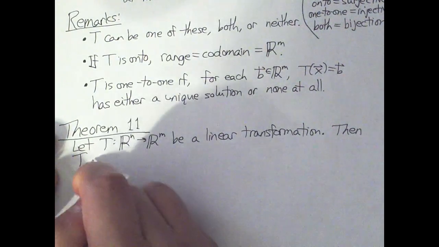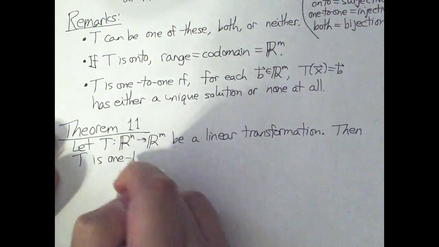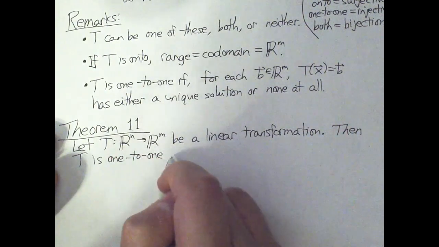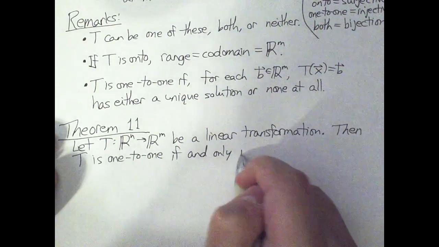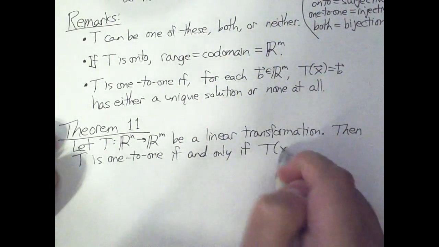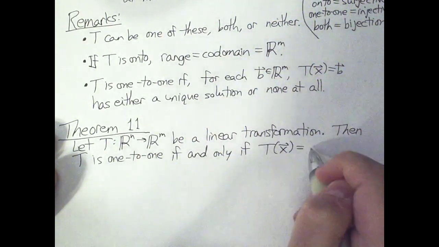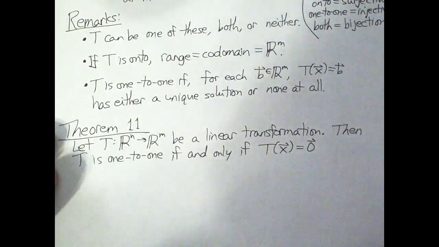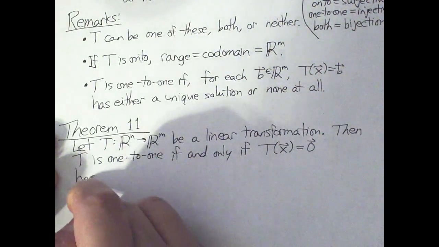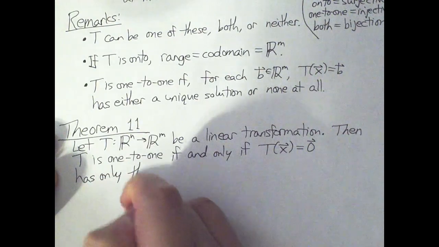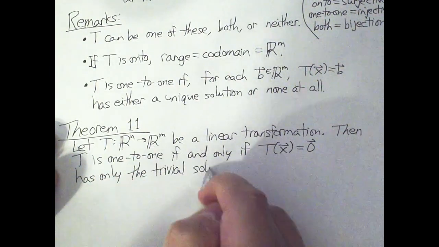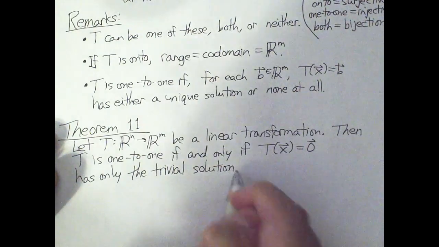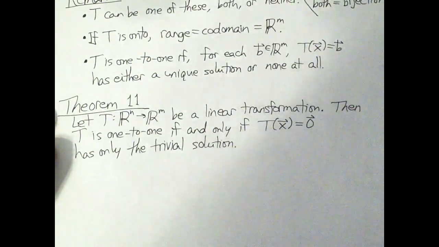Then T is one-to-one if and only if T of x equals the 0 vector has only the trivial solution. Before we prove this, let's take a minute to really read it and think about it.